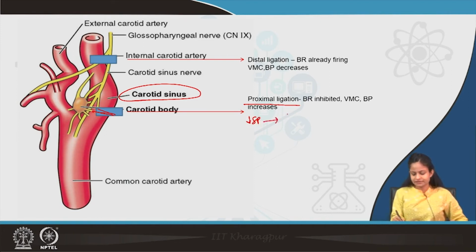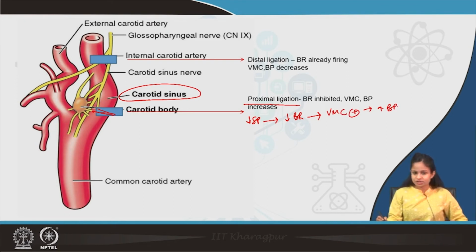That means there is decreased baroreceptor firing, and the baroreceptors are not getting any inputs. So, what will happen? The vasomotor center will remain tonically active, and hence there will be a rise in the blood pressure and a rise in the heart rate.